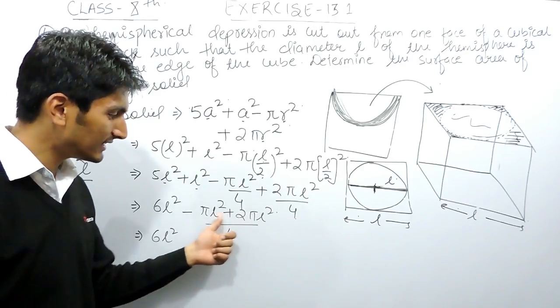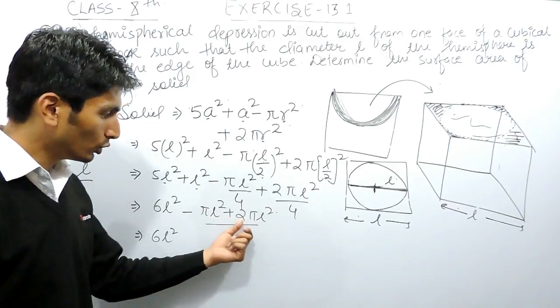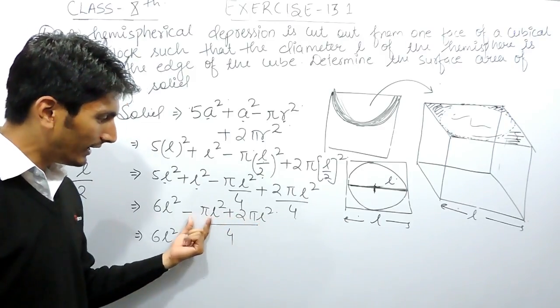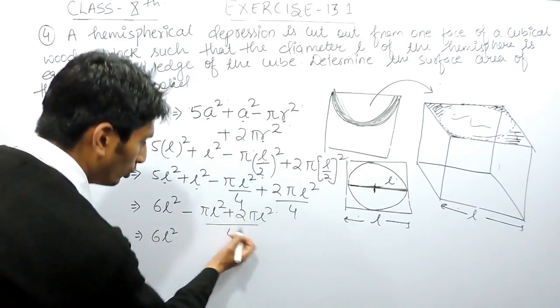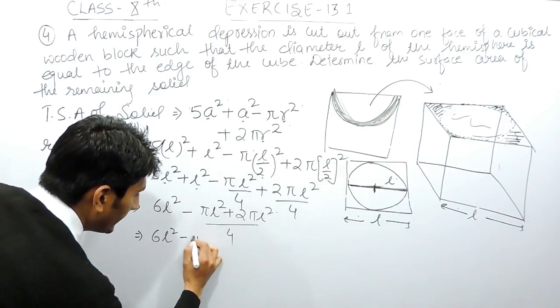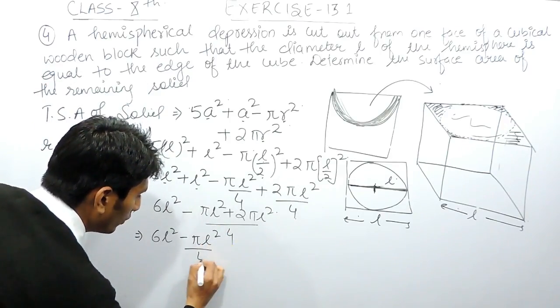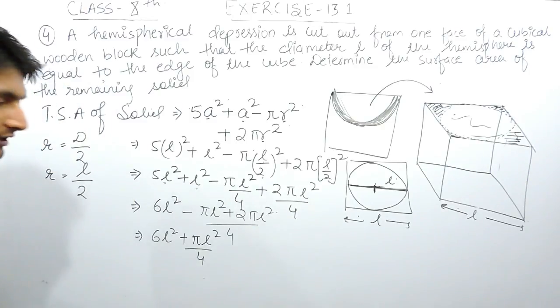So 2 pi minus pi is pi L square upon 4, and the sign will be positive because the greater value has the positive sign. So this will be the answer.